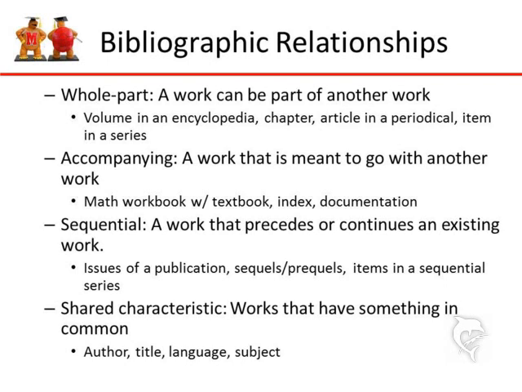A shared characteristic. So this is our sort of catch-all bibliographic relationship for works that have some kind of relationship with each other, but which aren't captured by any of those other relationships that were named. What it means is that two resources or two works have some characteristic in common, and those could be things like author, title, language, subject. They could be shared characters.